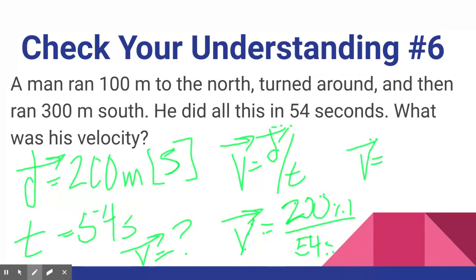So 200 divided by 54. We're going to say 3.7 meters per second. Now, because our displacement's to the south, our velocity is to the south. So it'll be 3.7 meters per second to the south.